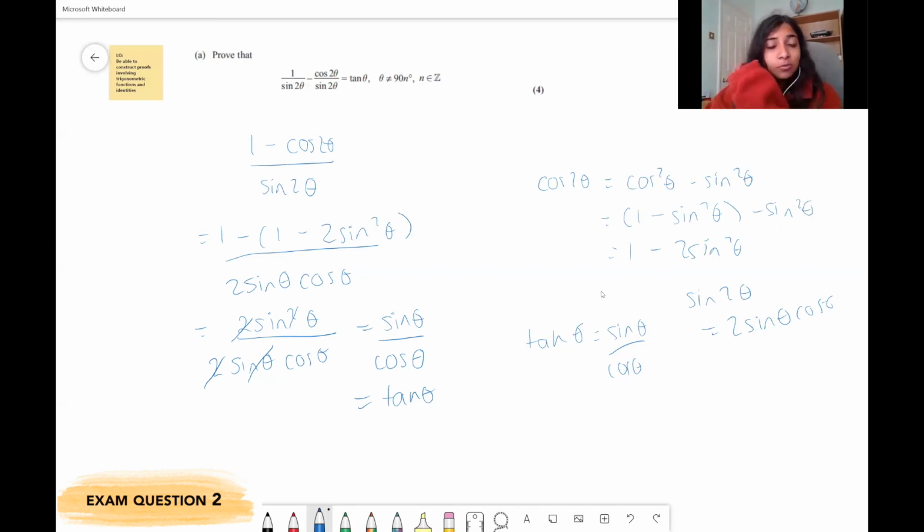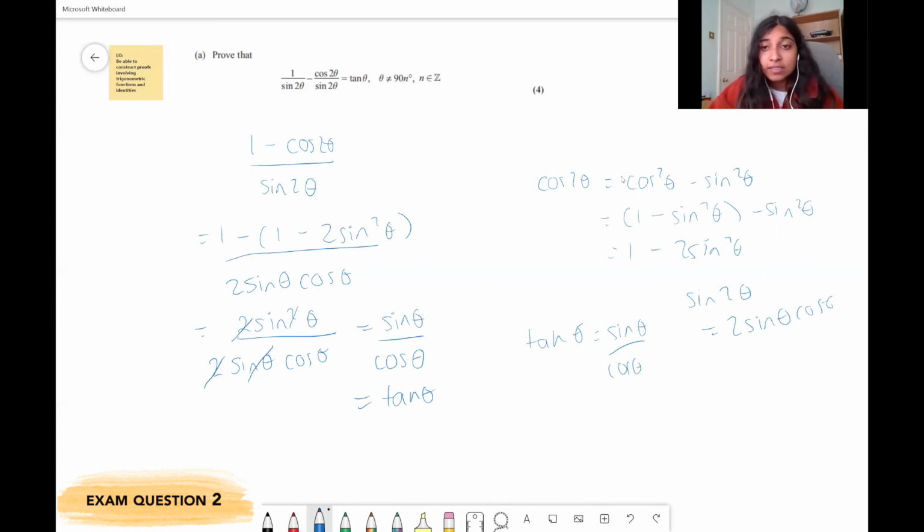So this one, the key was just remembering your double angle formulae and which one would be the most useful for the cos 2 theta. So if you remember that tan theta is just sine theta over cos theta, we want to try and get your whole numerator in terms of sine theta.